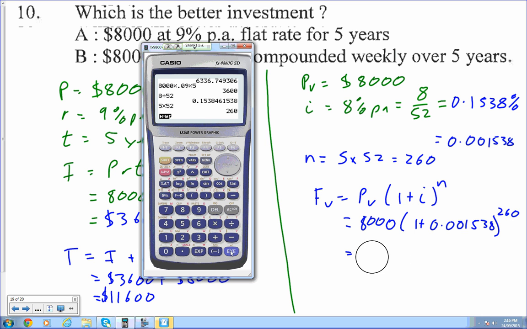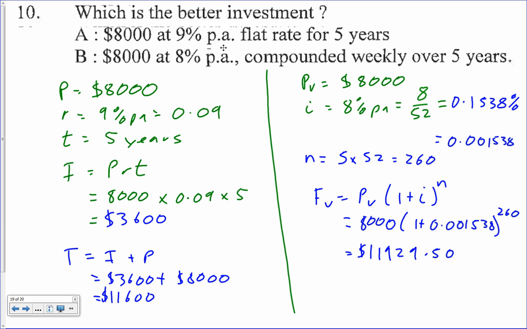So let's use our calculator. 8,000 times by 1.001538 bracket all to the 260 equals 11,929.50. So you'll earn $329.50 more with B.